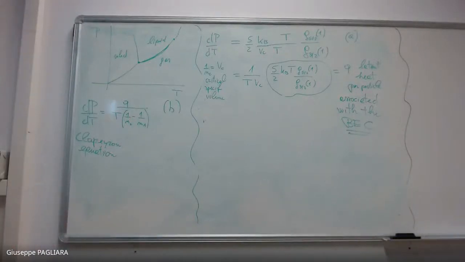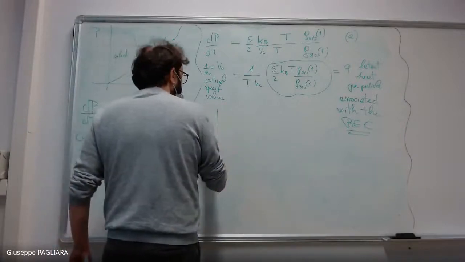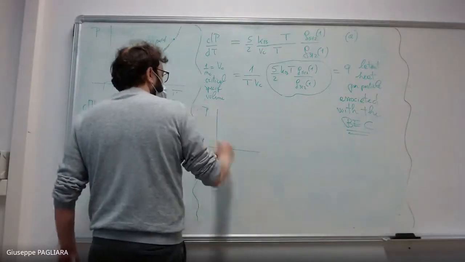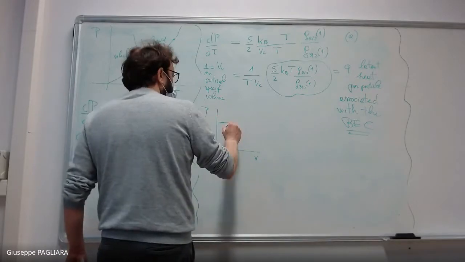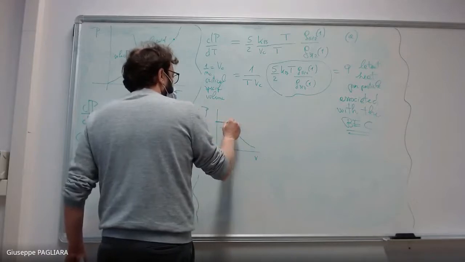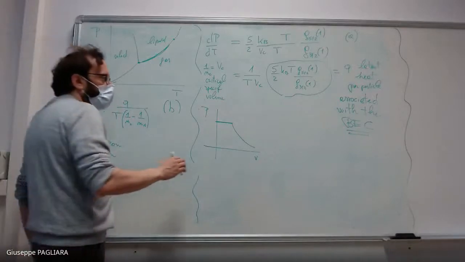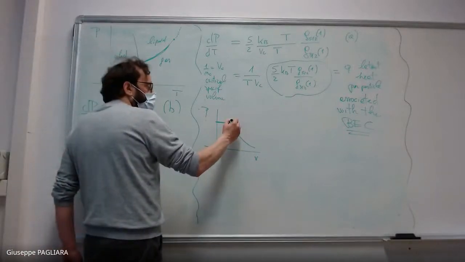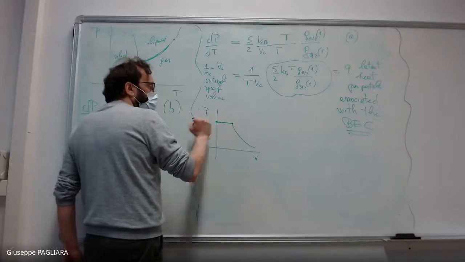Okay, so let me make some comments. When we draw the isotherms, we had something like this, where here, if I compare with the van der Waals situation, I have a specific volume here, which is finite, and the other one, which is 0.